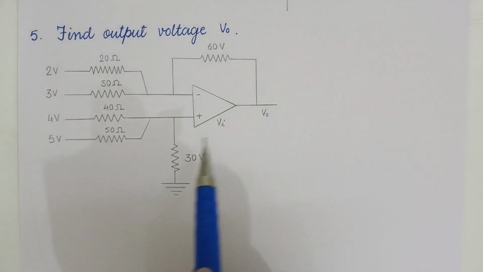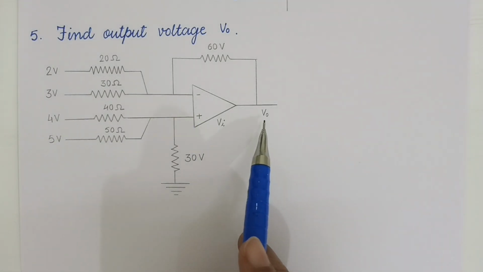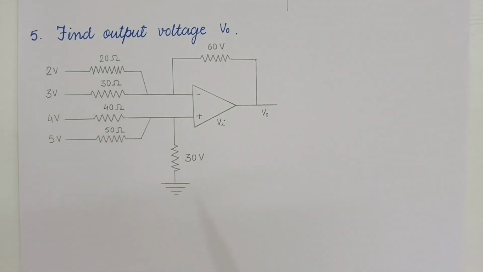We have to find out the output voltage, that is this V0. So now let's mark the currents, voltages and the points.